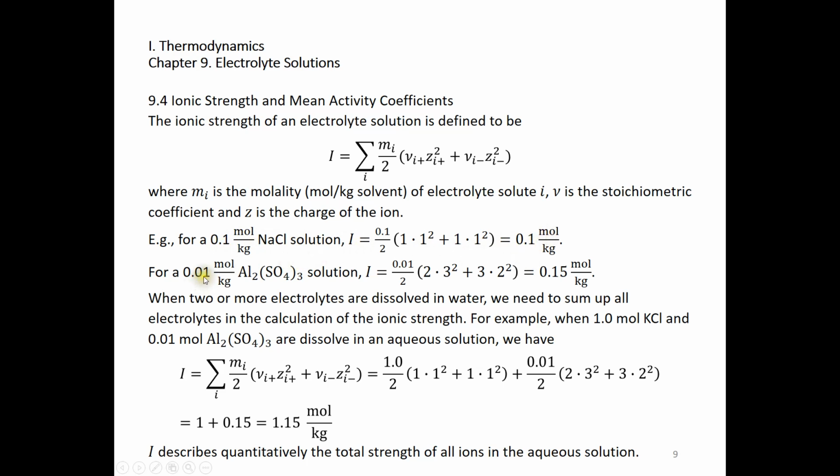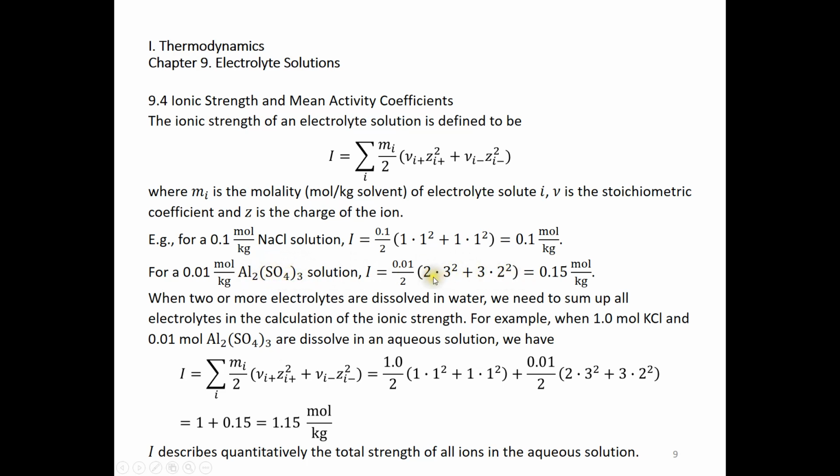For a 0.01 mole aluminum sulfate solution, we do similar calculations. I is 0.01 over 2, and now 2 is this number. So when we dissolve just 1 unit of aluminum sulfate, we actually get 2 aluminum cations. Therefore, we have 2 here, multiplied by the charge of this aluminum cation squared, and then plus 3 sulfate times the charge of sulfate squared.